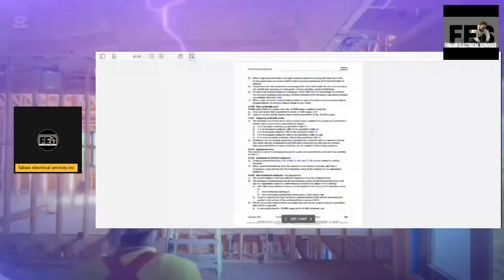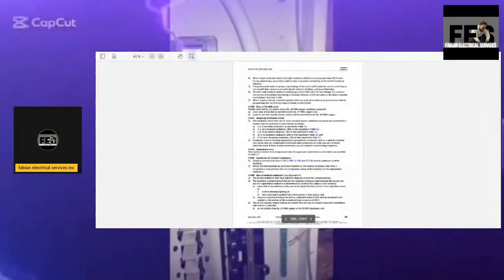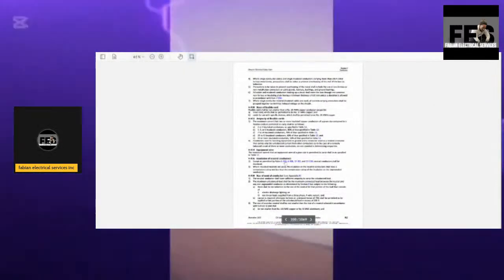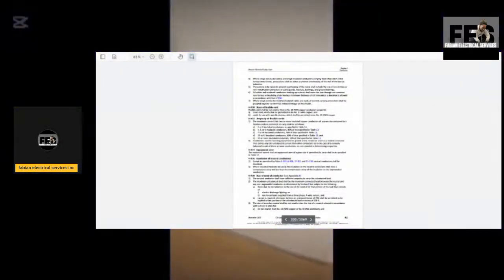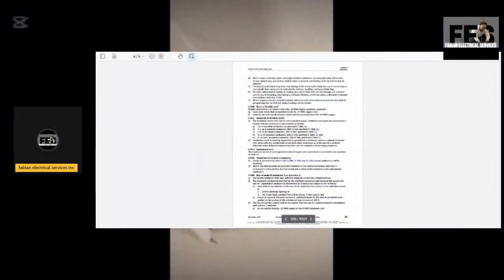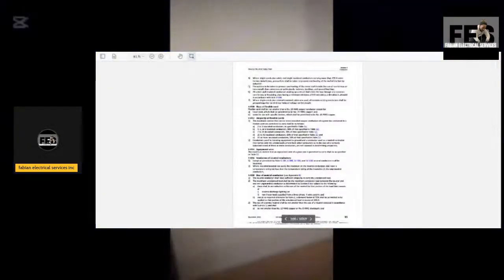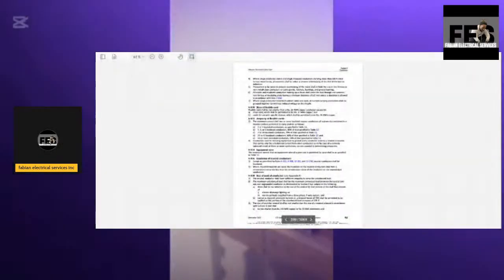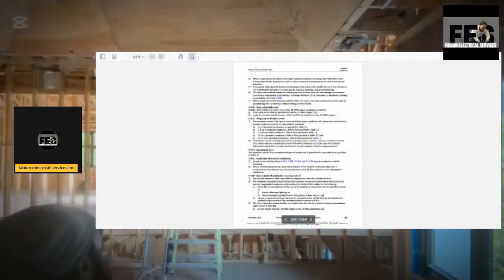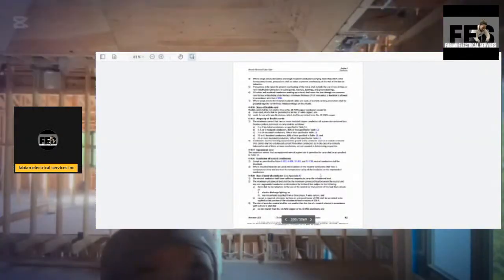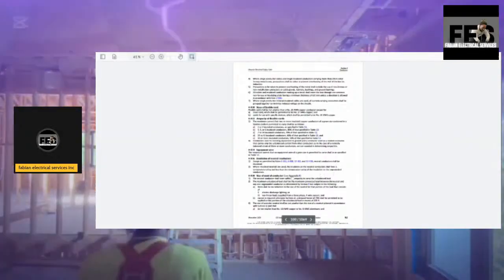So again, with these rules, it says except as permitted by rules. You simply head over to these rules here and see what it is going to give you, and that's normally how you go about using the code book. So where insulated neutrals are used, the insulation on the neutral conductor shall have a temperature rating not less than the temperature rating of the insulation on the underground conductor.